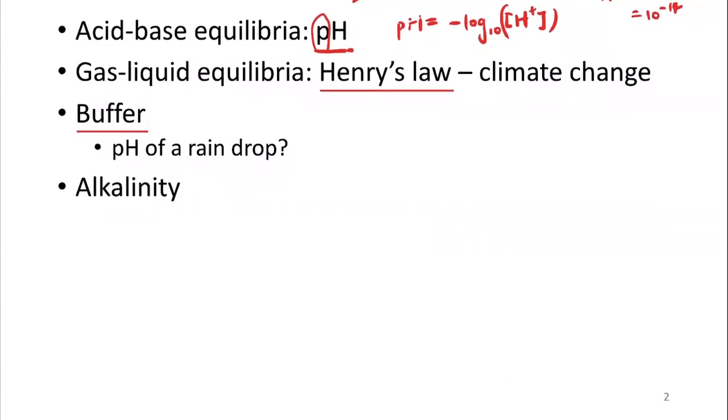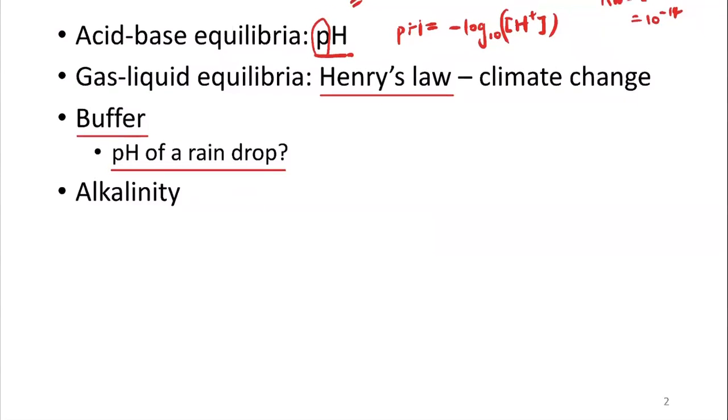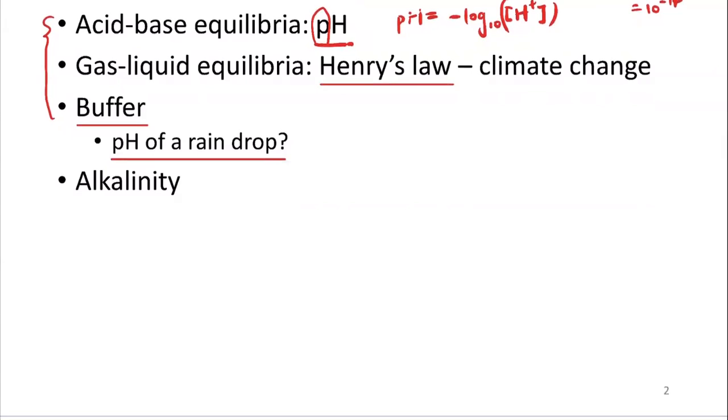With these concepts, we also briefly went through the process for calculating the pH of a raindrop, right? It's basically using all of these concepts: the gas-liquid equilibria, the acid-base equilibria, right? So we can solve that, and a raindrop is acidic, with a pH of around 5.7.